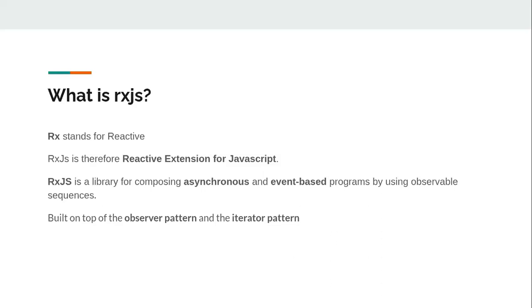But one thing to note is that RxJS defines itself as a library for composing asynchronous, yet another keyword that we need to look at, and event-based programs by using observable sequences. Asynchronous basically means it's non-blocking. Synchronous is blocking in the sense that you make a request and you wait for the response to come back.